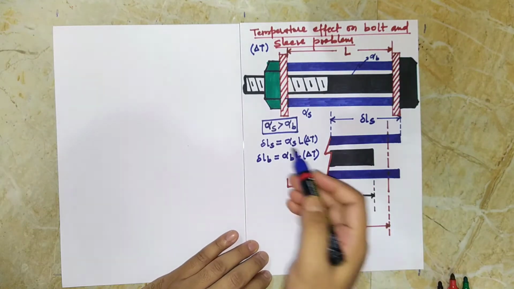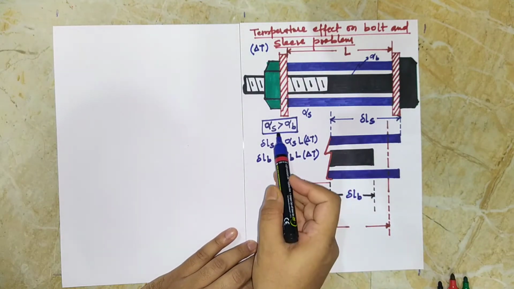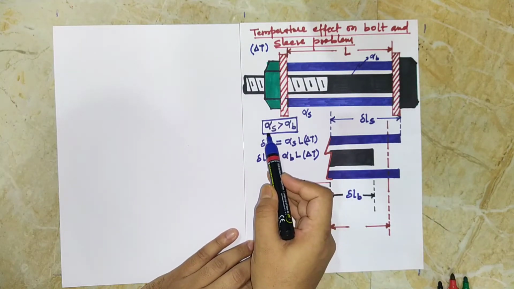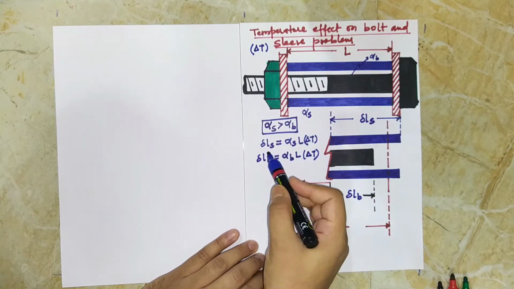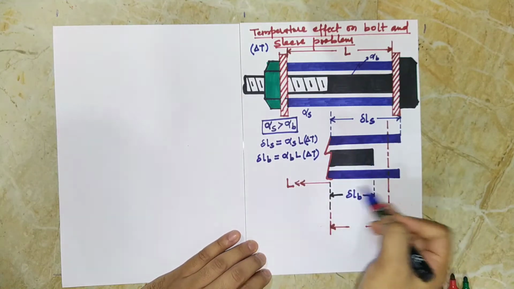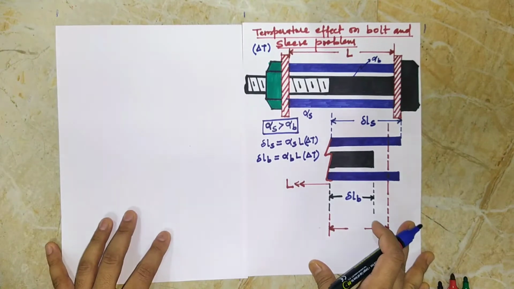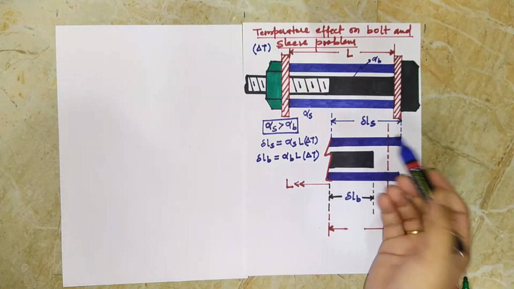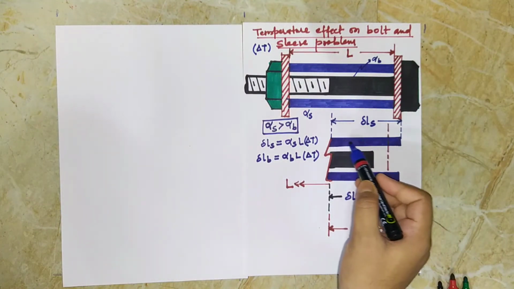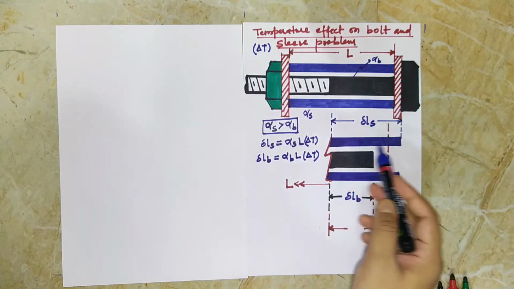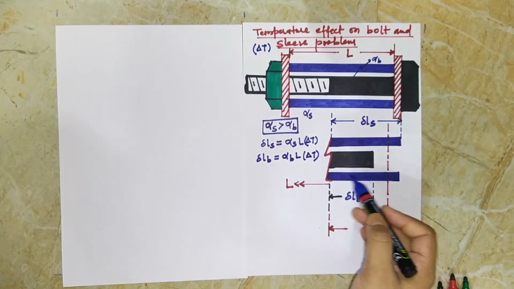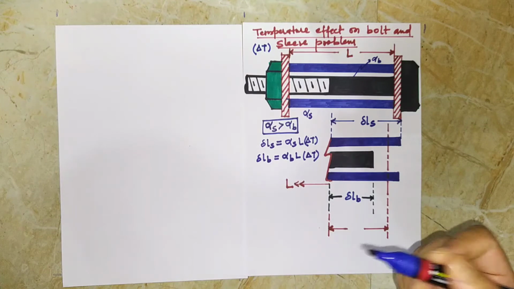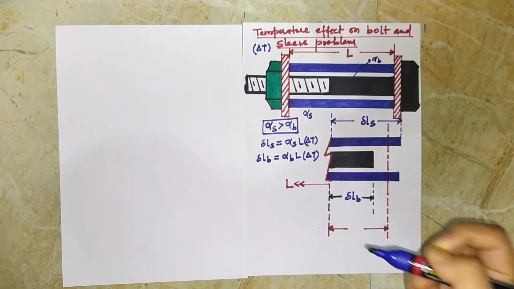As we have already seen in this problem, alpha sleeve, that is the coefficient of thermal expansion of the sleeve, is more than that of the bolt, so obviously the sleeve will have a larger expansion when it is set free. So the free expansion of the sleeve when subjected to a temperature change of del T is del Ls, and the free expansion of the bolt is del LB. Because they are held together by the assembly, thermal stresses are developed.